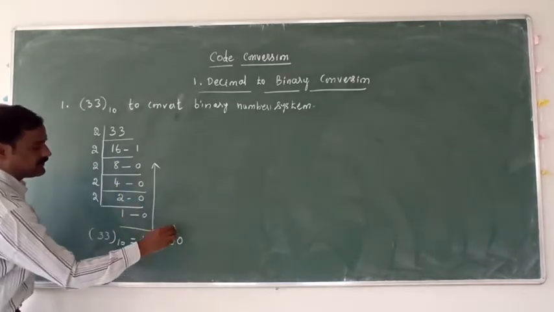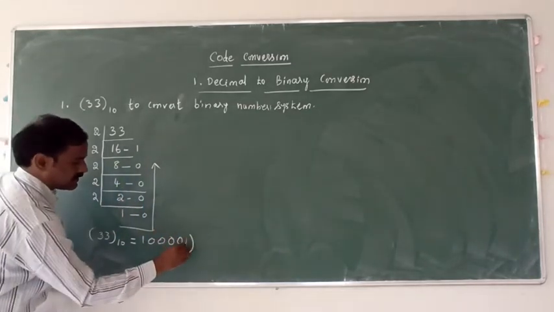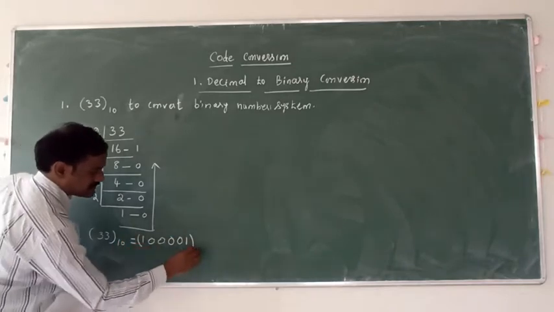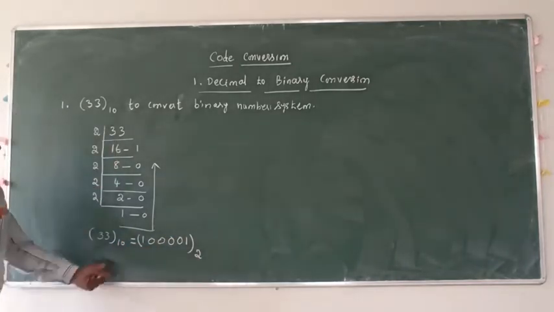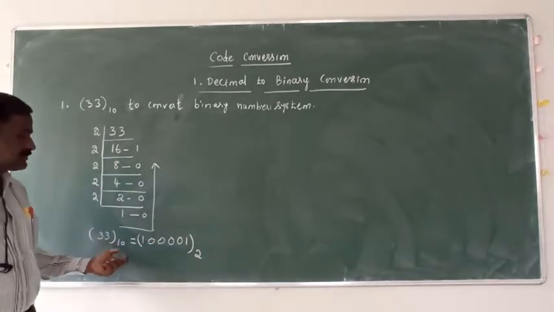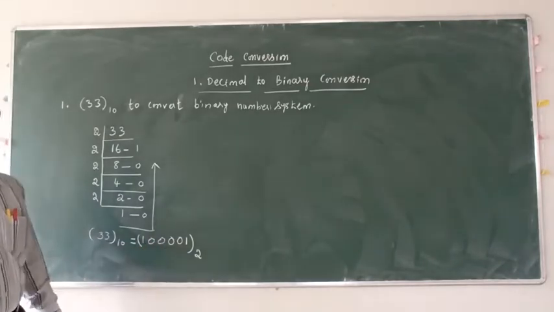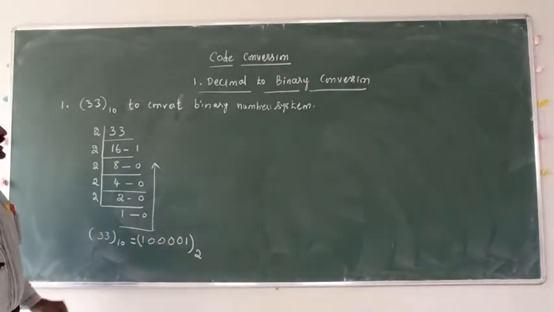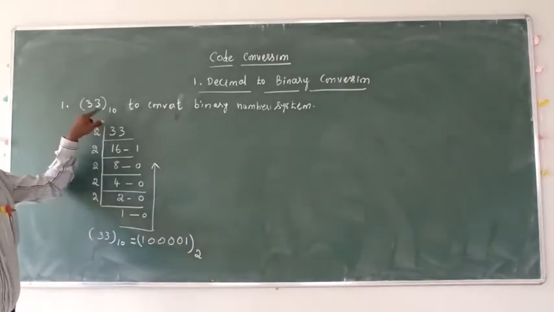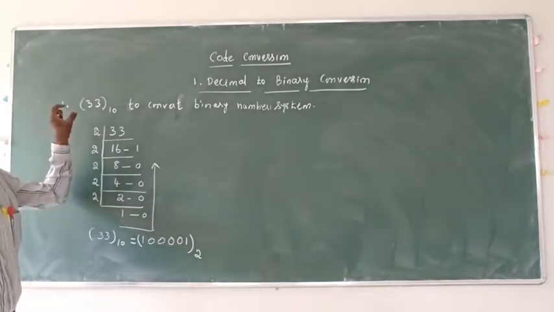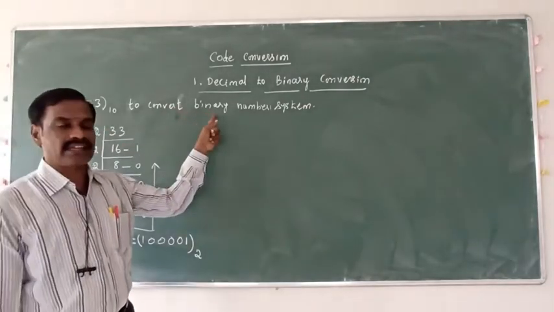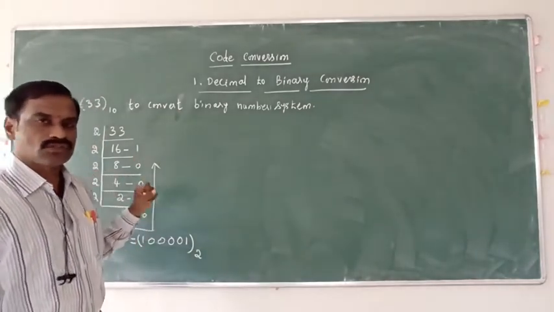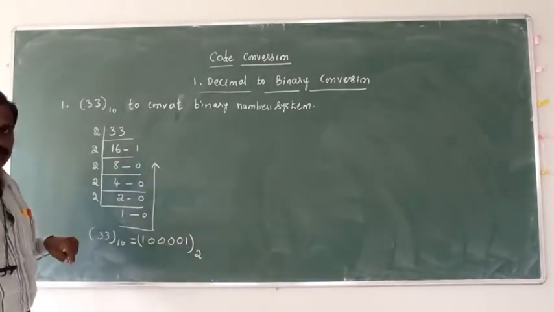0 and 1. This is the format to convert a given decimal number into a binary number. Here the base is 10, 33 in decimal. To convert to binary the base is 2, so we divide by 2.